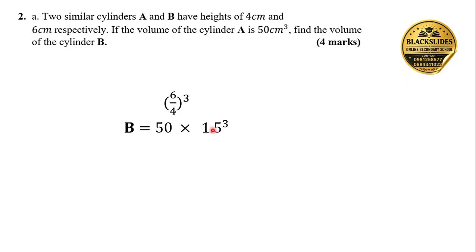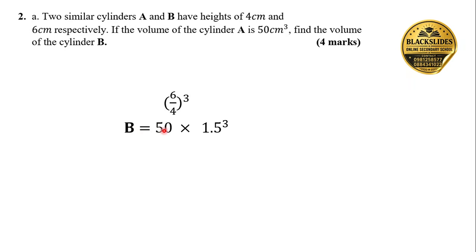So the scale factor is found by dividing the height of the bigger cylinder by the height of the small cylinder, raised to the power 3. So the scale factor is going to be 1.5 cubed.